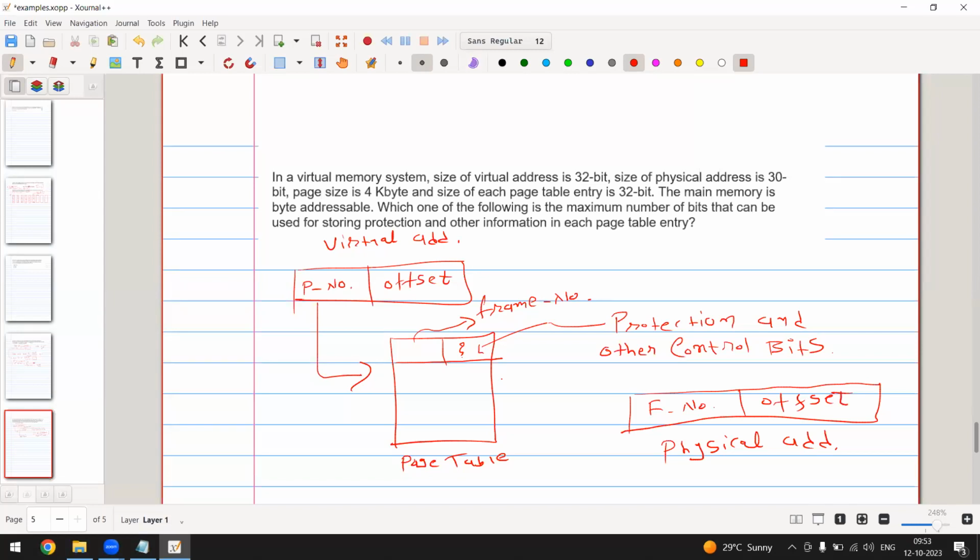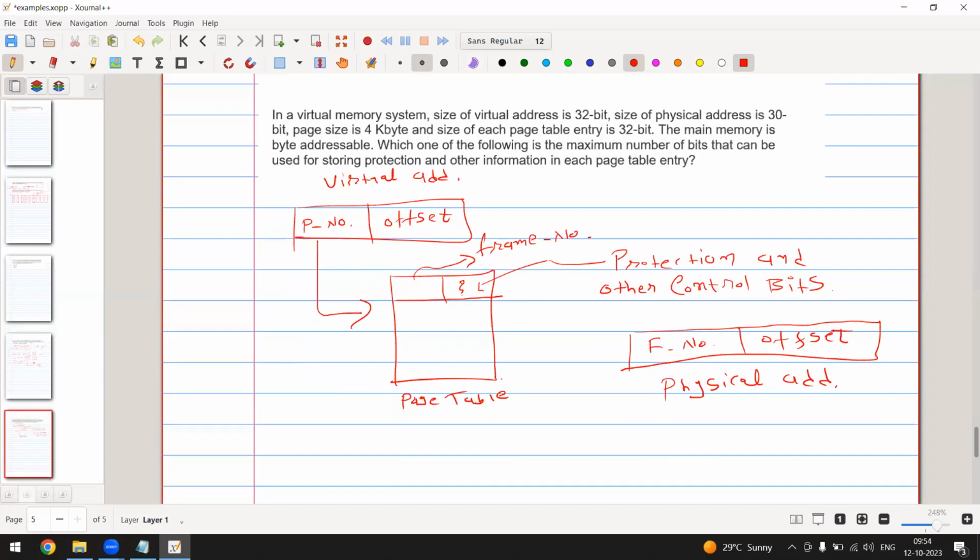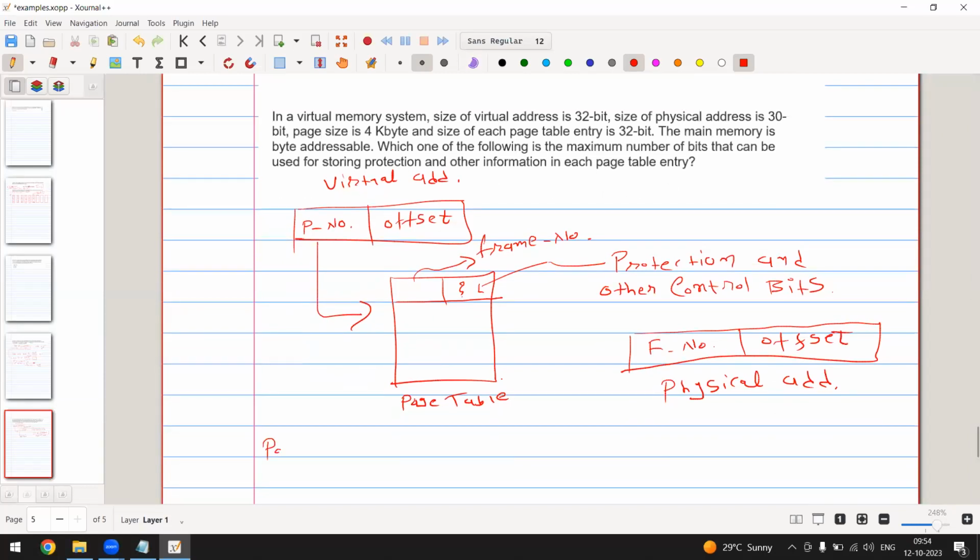So what is the meaning of 4 KB? Page size 4 KB is equal to 2 raised to 12. So it means 12 bits are used for offset.